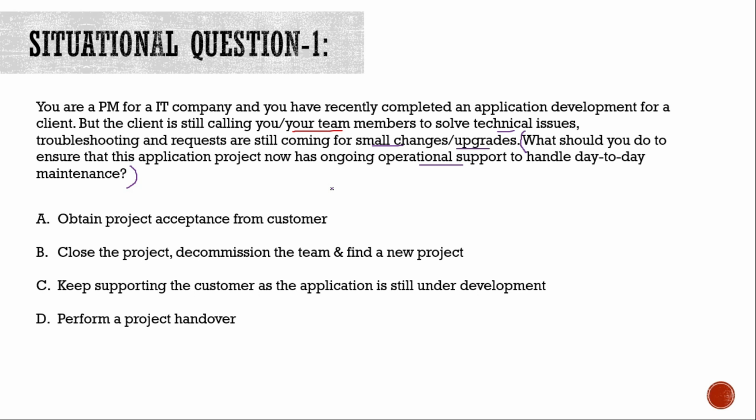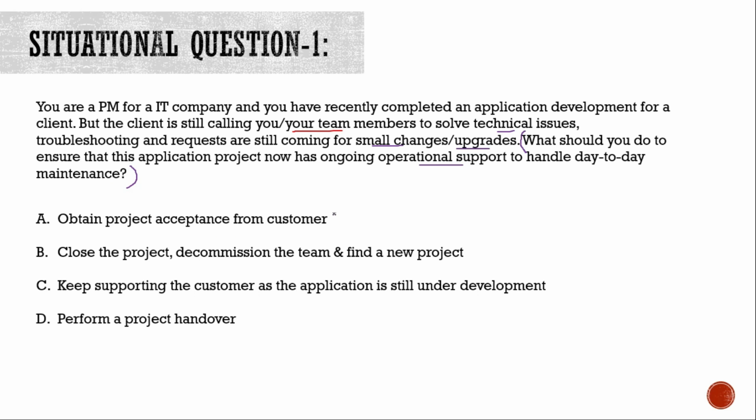Now we will move on to step 3, which talks about start eliminating options using the ideal project manager framework. Now when we read every option, we will read it with a positive bias and try to accept it rather than reject it, unless we get a strong ground where we reject the option. So first is option A, obtain project acceptance from customer.